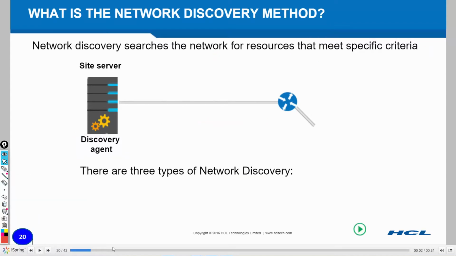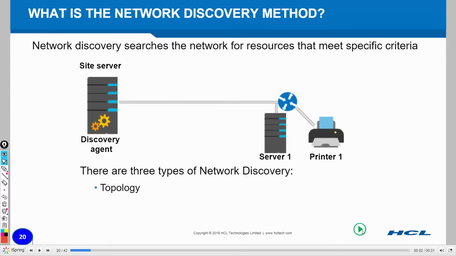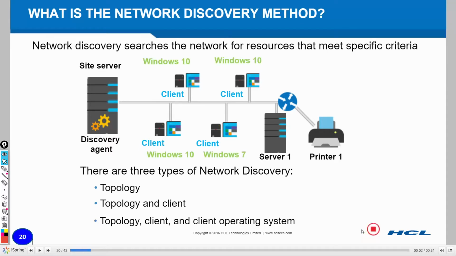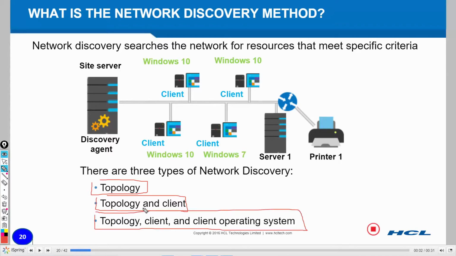Now what are these 3 types of network discovery? First is topology: what topology you have in your environment. Then topology and client, and third, topology, client, and client operating system. So what is the topology and what devices are in that topology, then topology and client information, and third is topology, client, and client OS information.